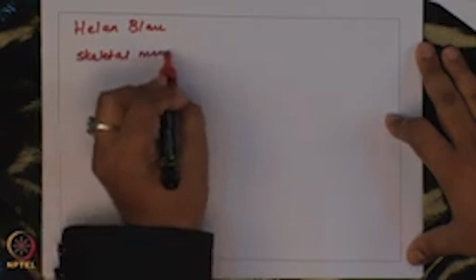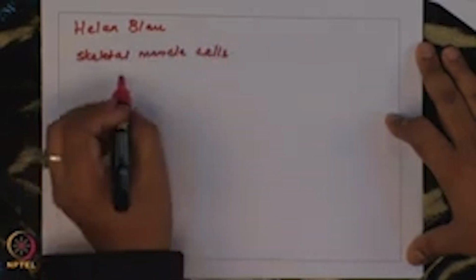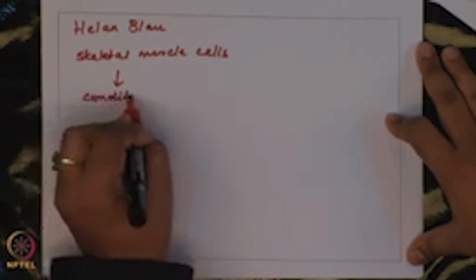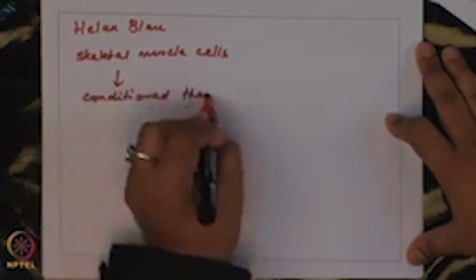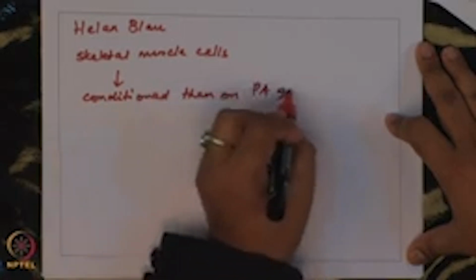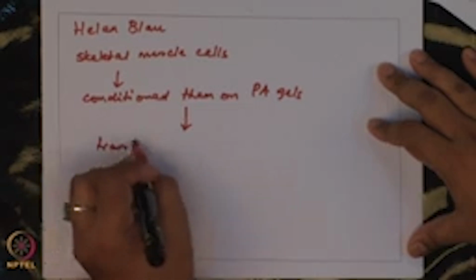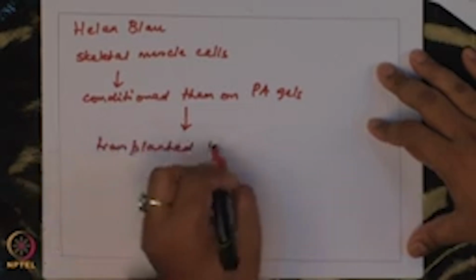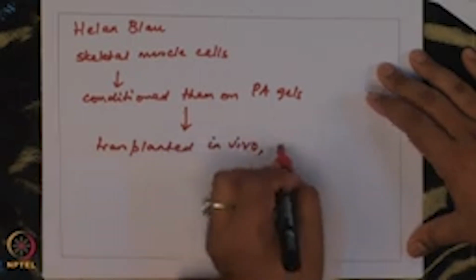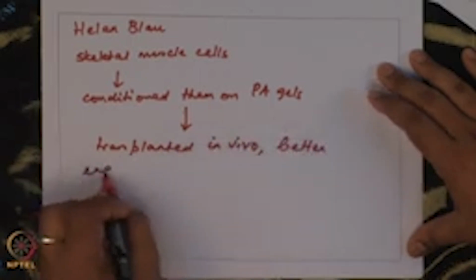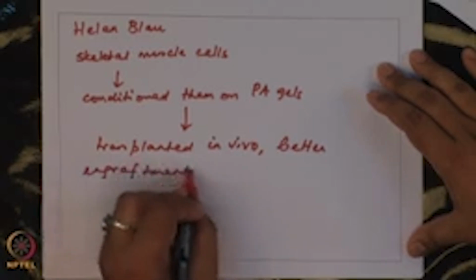What she did was she took skeletal muscle cells once again, and conditioned them on PA gels which mimic the tissue stiffness of muscle, and she showed that these cells when transplanted in vivo exhibit better engraftment. Okay. So, all these studies suggest that cells tend to have a preference for certain kinds of environments.